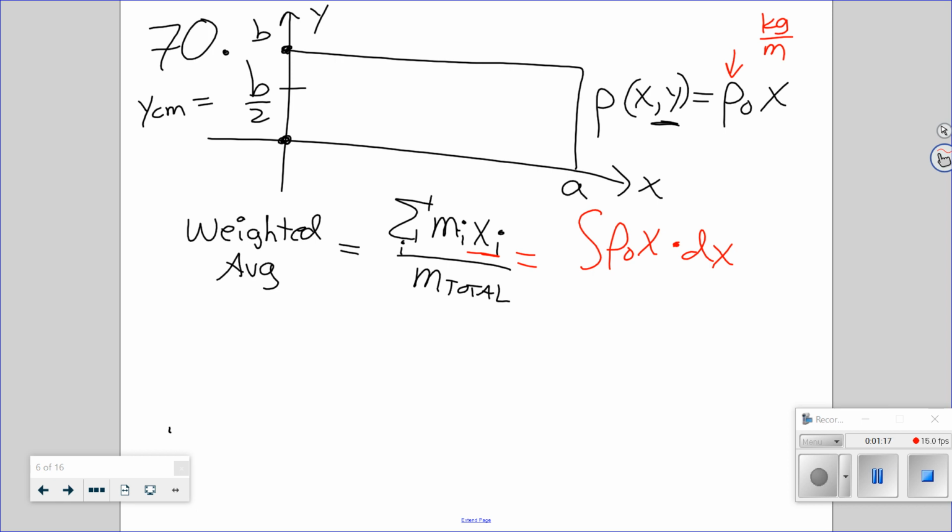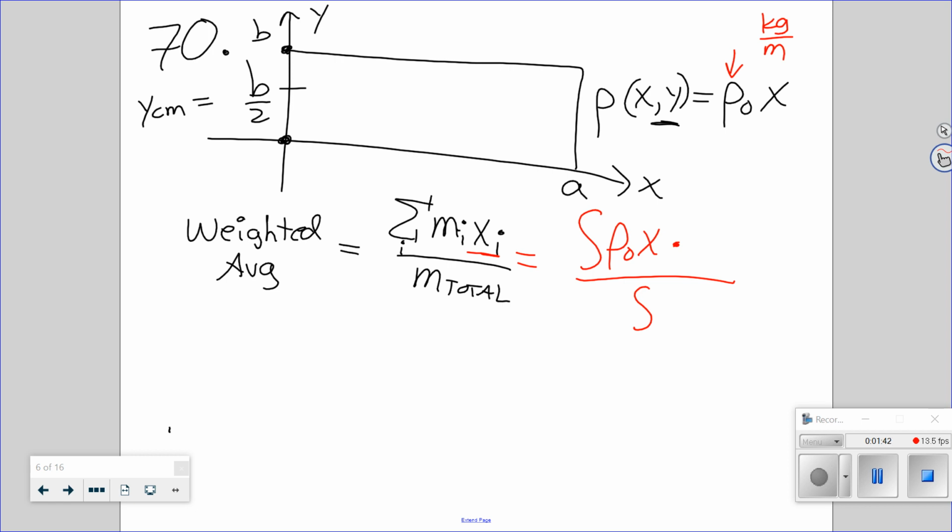But to get some location, I'm just going to multiply by mass times distance and then divide by the total mass. Which would just be, is it dx? No, I need one more x.